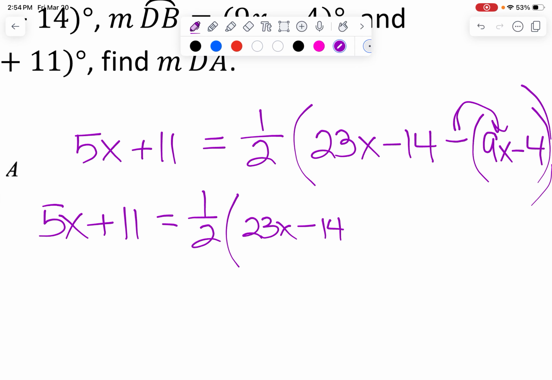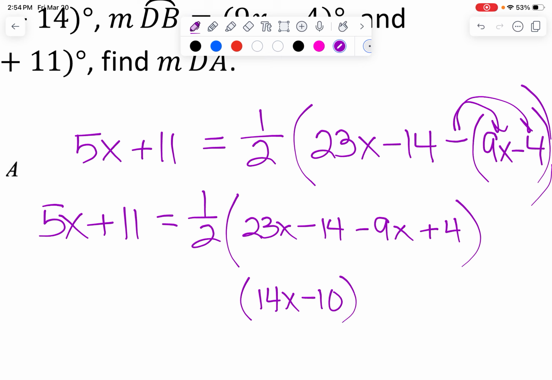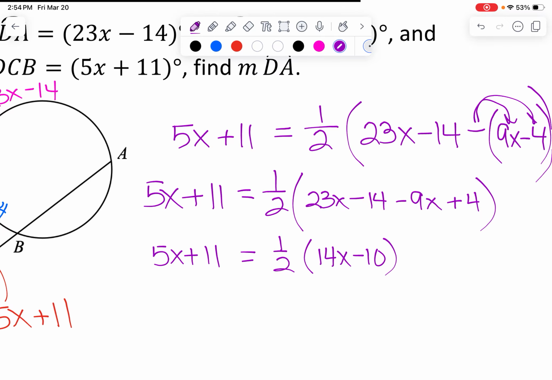Some people like to think of that as distributing the negative, which might make it easier for you to think about. So this would end up like this, and then you could combine like terms. 23x minus 9x is 14x, and then negative 14 plus 4 is negative 10. As long as you get there with the correct signs. Then you could multiply both sides by 2.